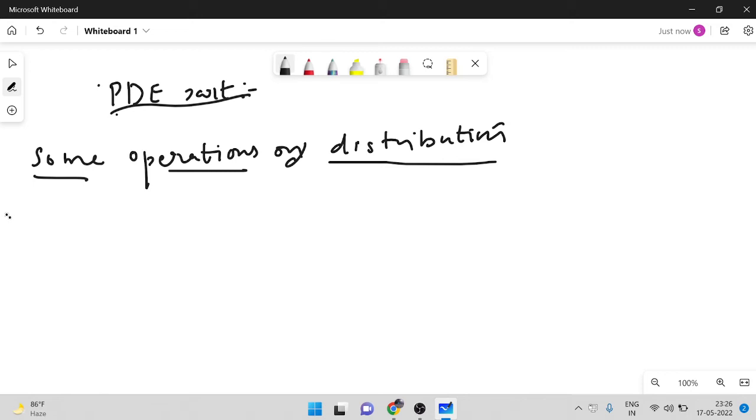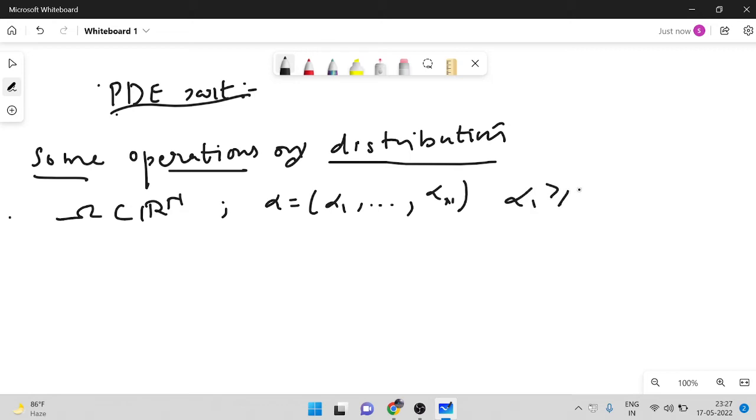So let omega belonging to R^n be an open set, and we define a multi-index of order n as a tuple alpha = (alpha 1, ..., alpha n) such that each alpha i is greater than or equal to 0 and an integer.